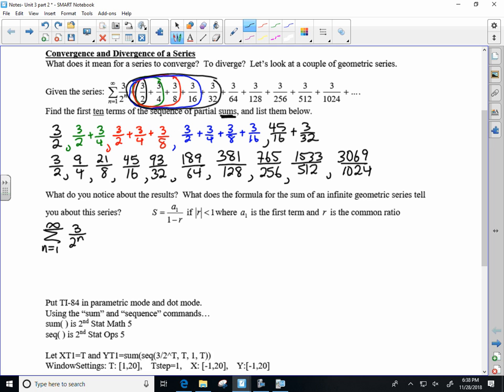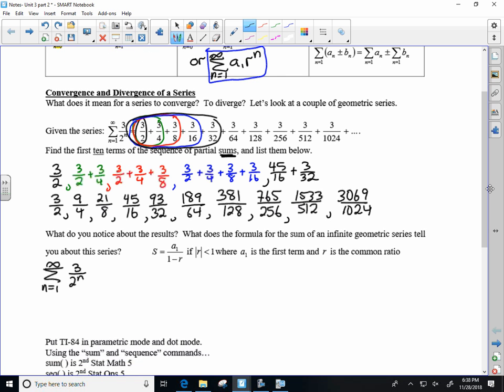That doesn't look like what I just wrote down precisely. But it looks a little bit closer if I write it as 3 times 2 to the negative nth. Slightly better. I need a positive n. All right?